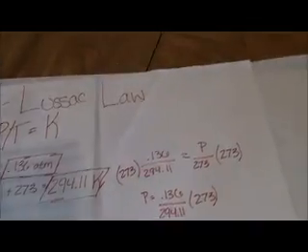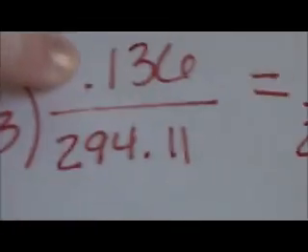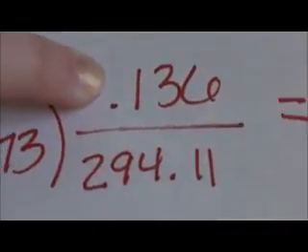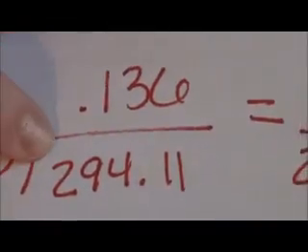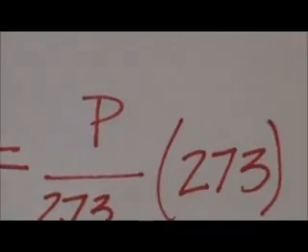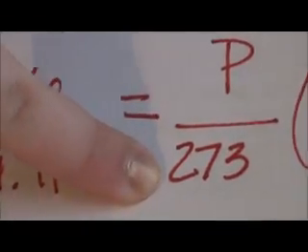Yay! Okay, so we know that we had 0.136 atmospheres of pressure initially. Yes, atmospheres. My correction. We had 294.11 Kelvin. And we don't know what our pressure is, but we know that we have 273 Kelvin for our final temperature.